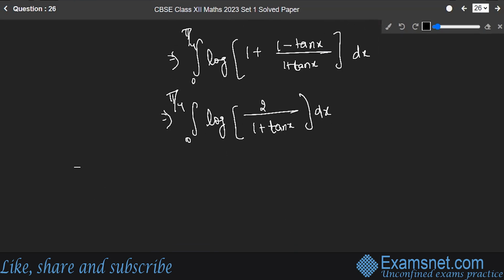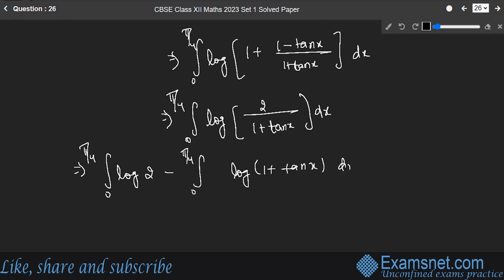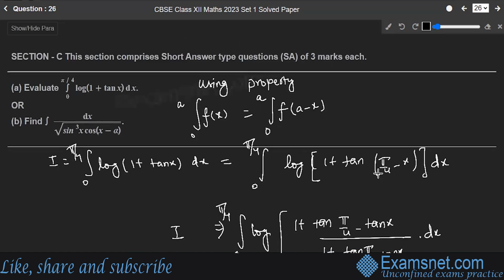So this is equal to integral 0 to pi by 4 log 2 minus integral 0 to pi by 4 log 1 plus tangent of x dx, right? Let's say this is equation 2 and this is equation 1.